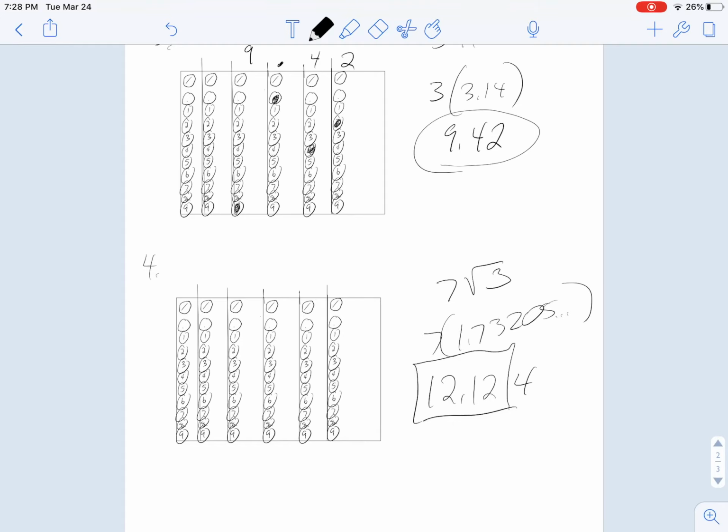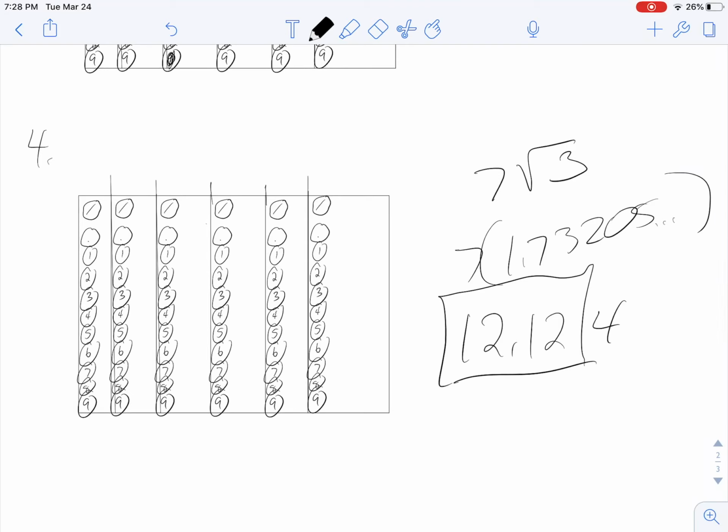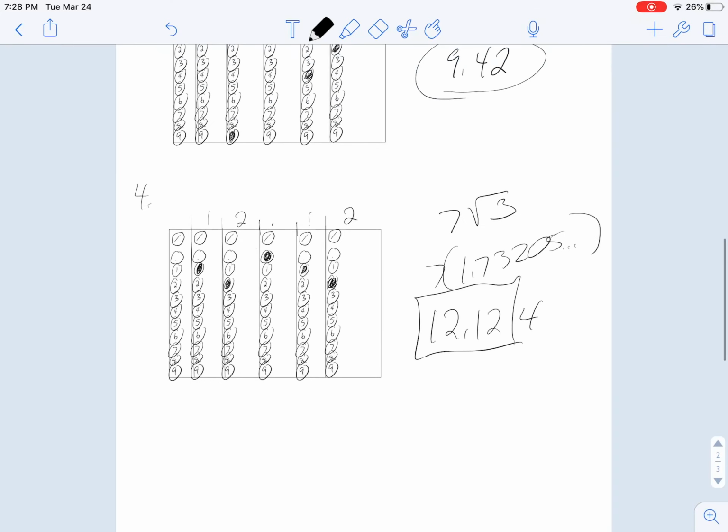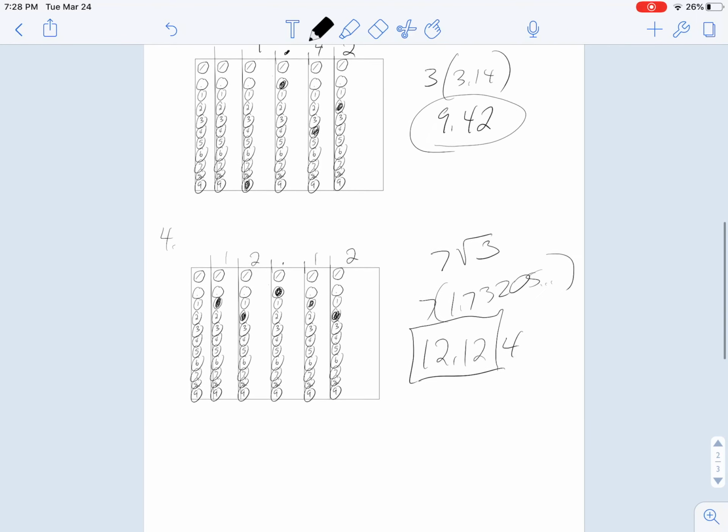You're just going to input it because you're rounding to the nearest hundredth. In this case, you're going to enter 5 spots: 1, 2, decimal point, 1, 2. You're going to input that and shade the proper bubbles. My point in showing you this video is so that you can see our expectations for inputting your answers.